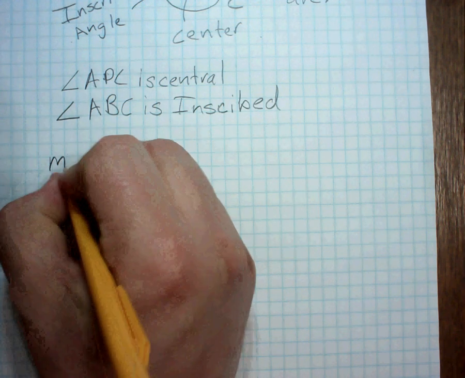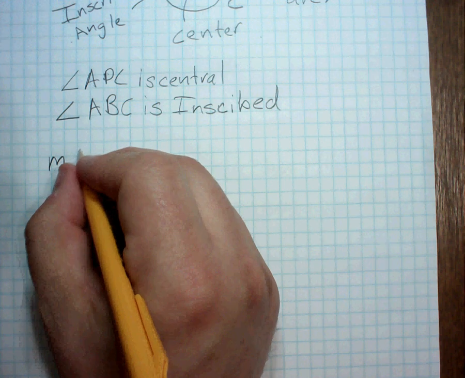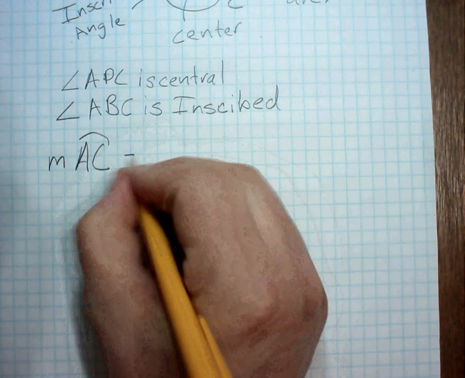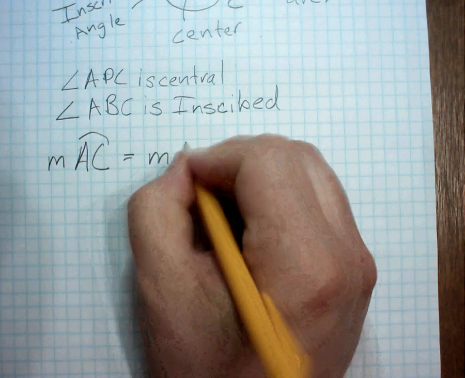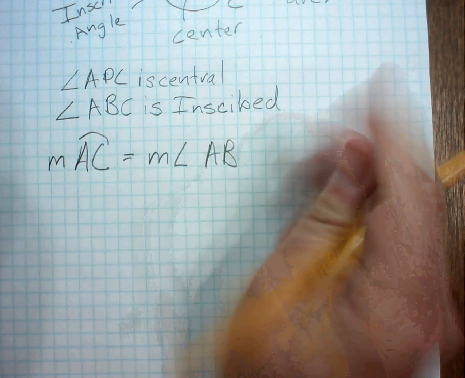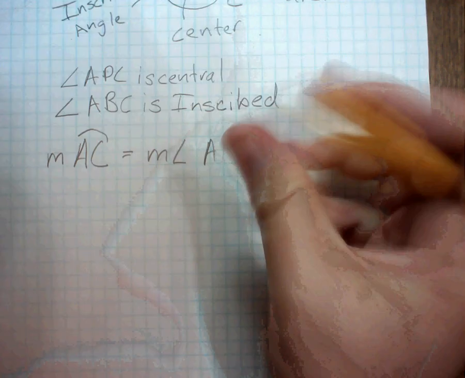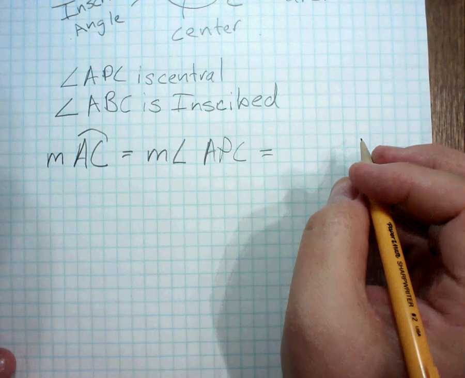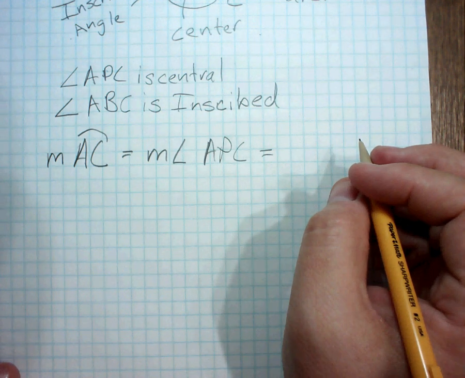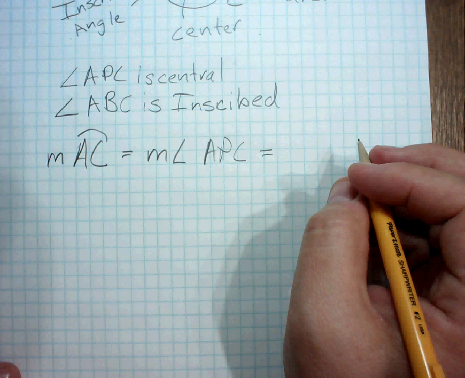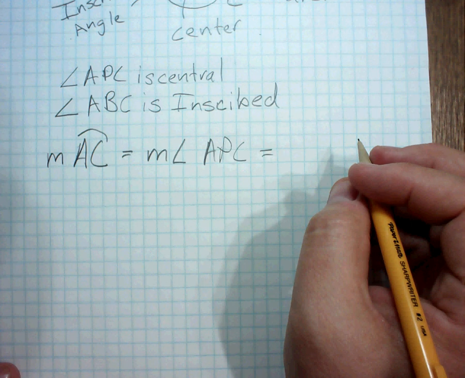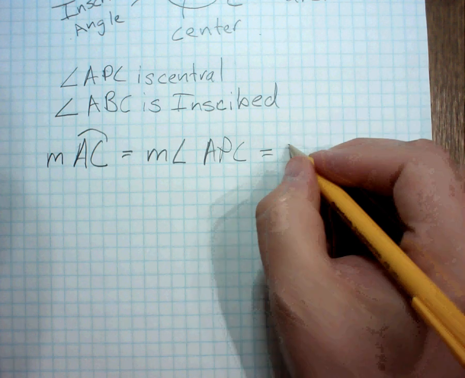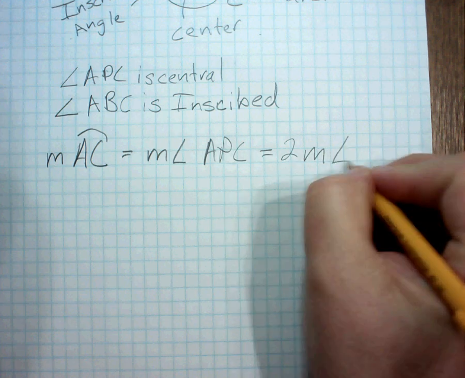So I could say that the measure of the arc AC is equal to the measure of angle APC, and that's equal to two times the measure of angle ABC.